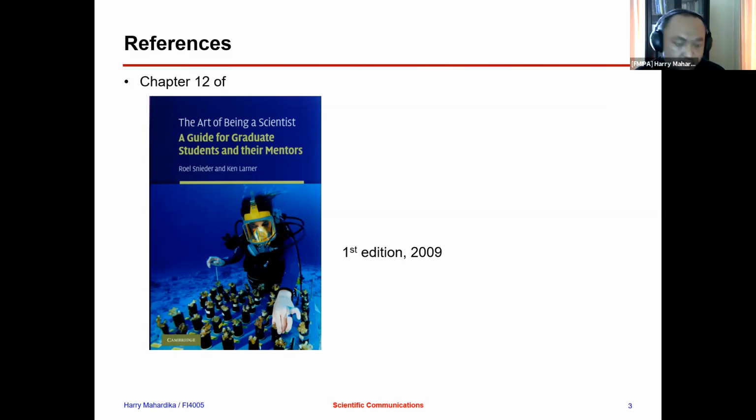So besides this book, there are others that help you grasp how we can manage our research, how to choose a good research topic, and so on. So, for example, let me see.